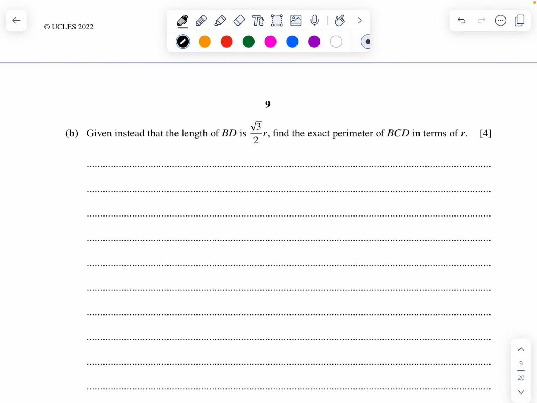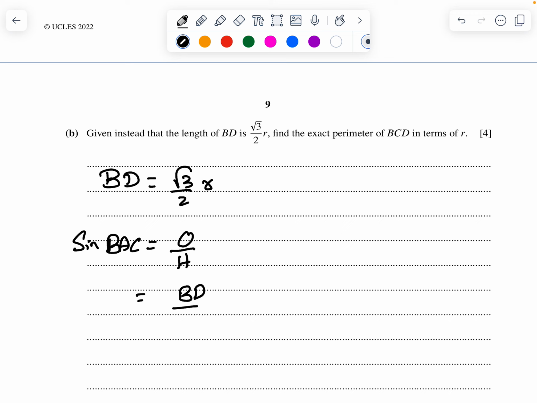Given instead that BD equals √3/2 r, he's asking for the exact perimeter of BCD. So first of all, I'll find angle BAC. Sin BAC is opposite side upon hypotenuse.